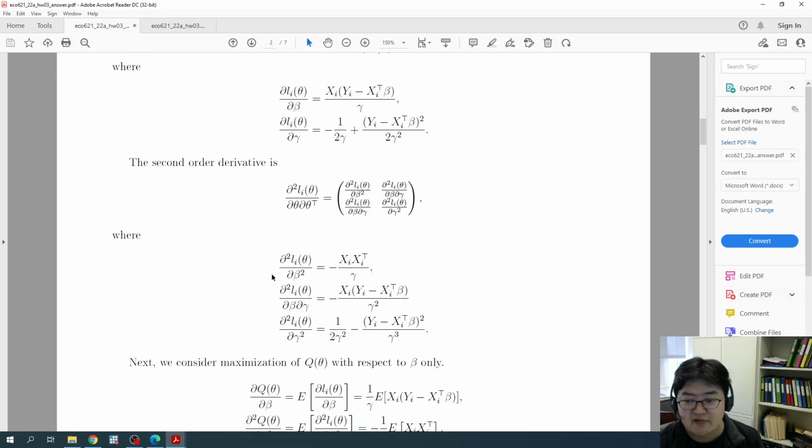And for the second derivative, also nothing much to explain, but just remember the form. It is a k plus 1 by k plus 1 matrix. This is the first diagonal block, the k by k block, and it is k by 1 times 1 by k. I had to transpose here. It's my bad, I forgot to transpose beta here.